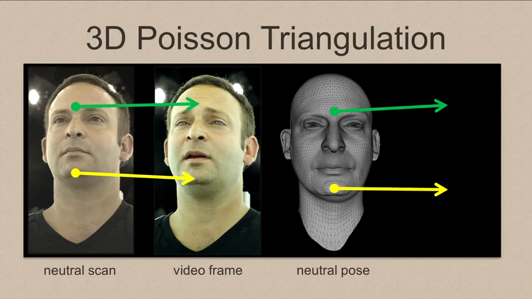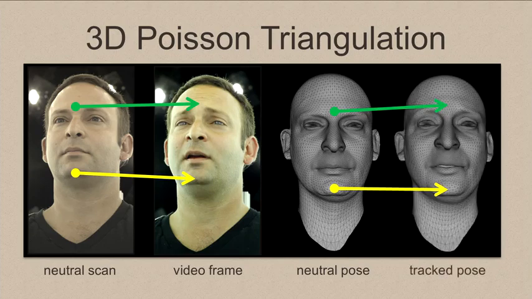And these optical flow vectors represent kind of a two-dimensional constraint, which you can project out into space, which creates these three-dimensional ray constraints. And if you have more than one camera, you can triangulate these things, and you can deform the entire face mesh from one frame to another, or from one scan to your frame.